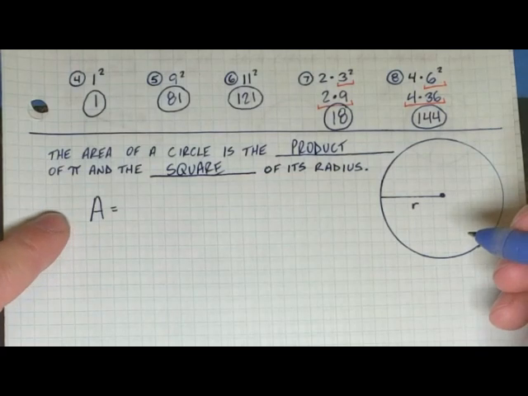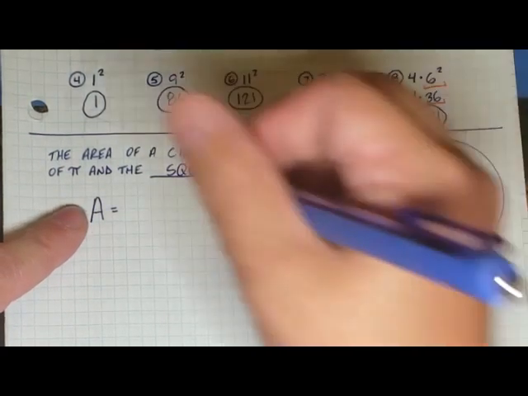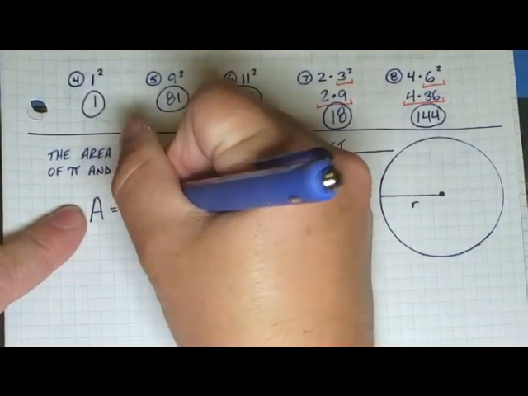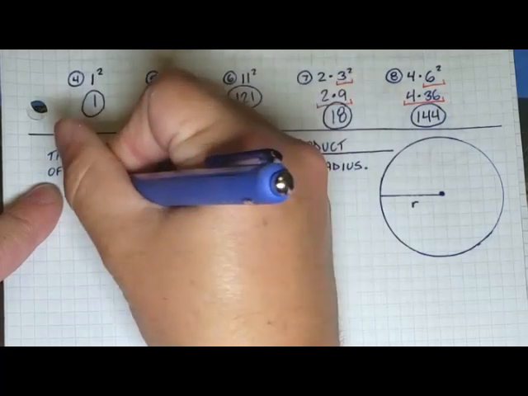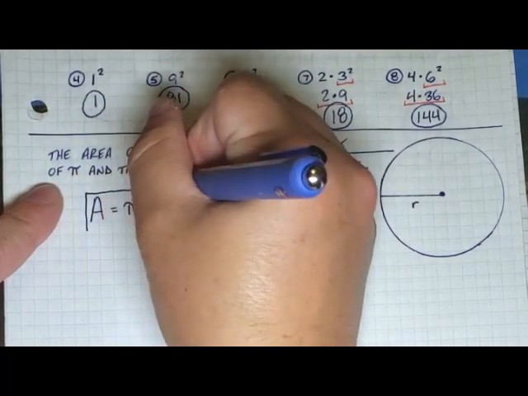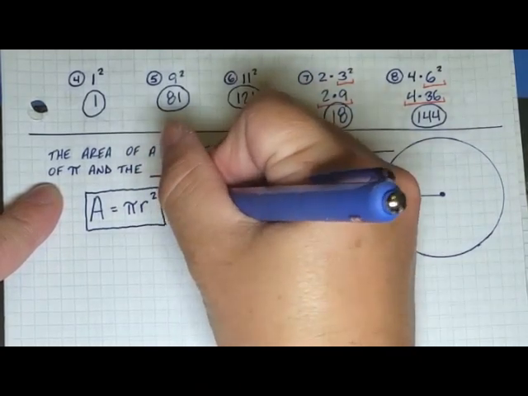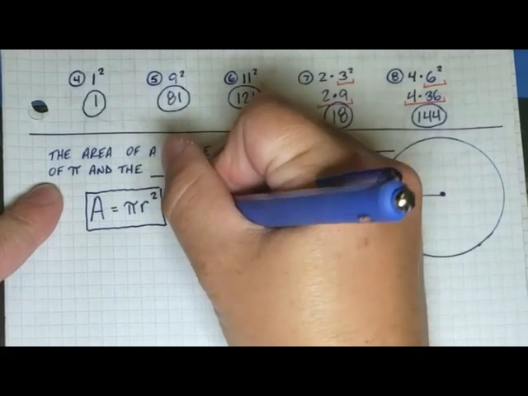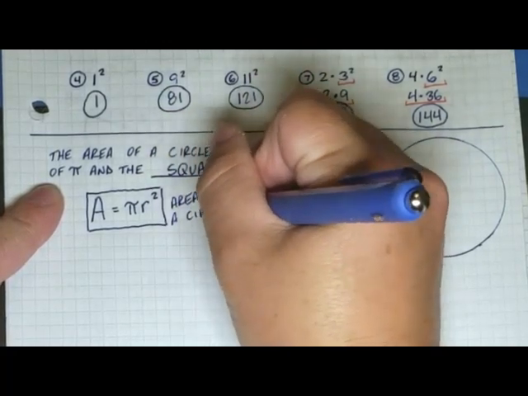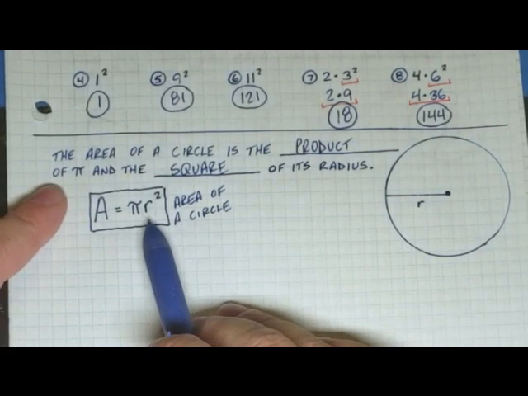So the formula that we are going to use is A equals pi r squared. This is the only formula that there is for the area of a circle. Notice that the only formula we have has an r in it.